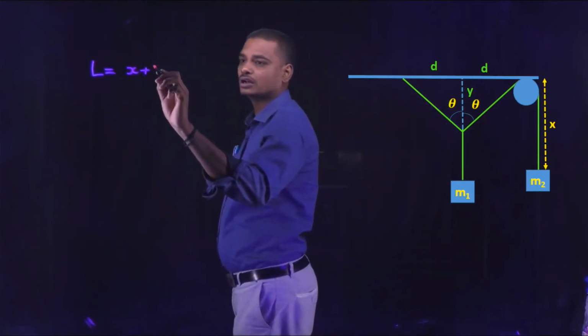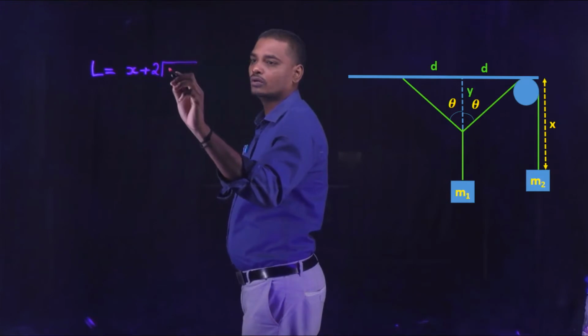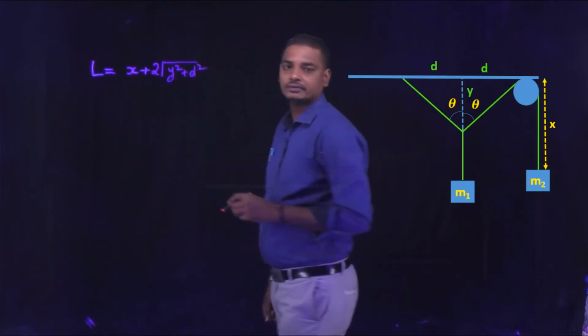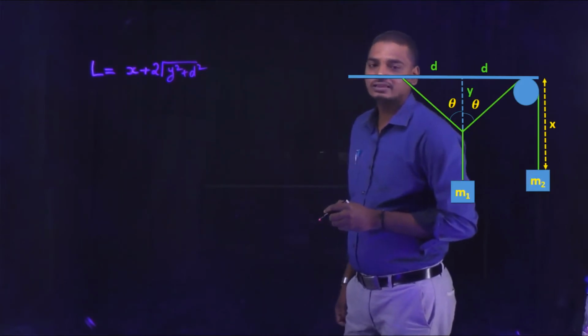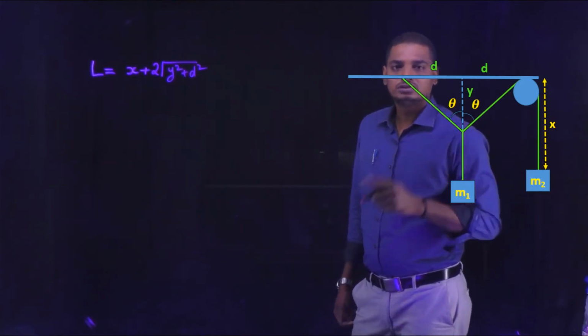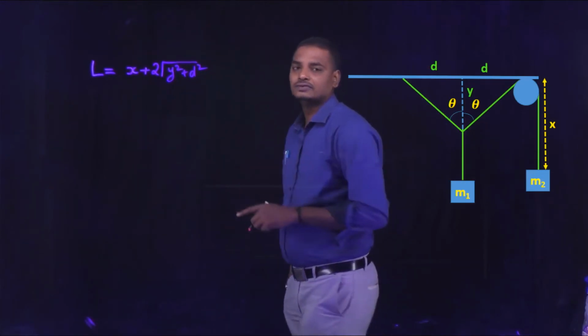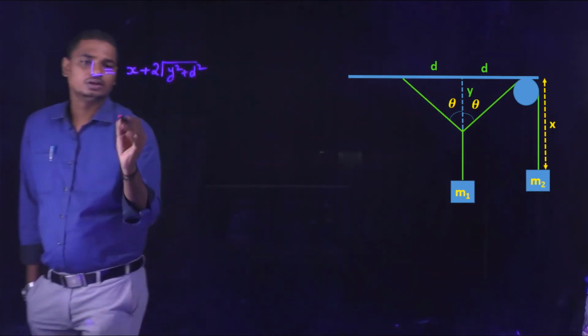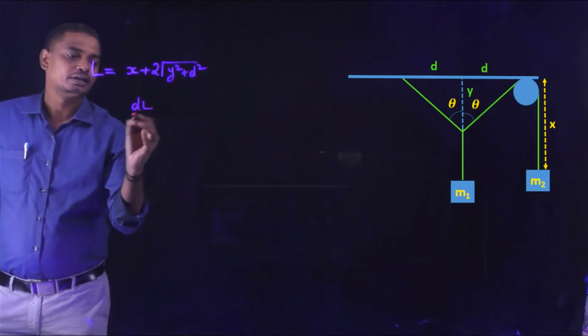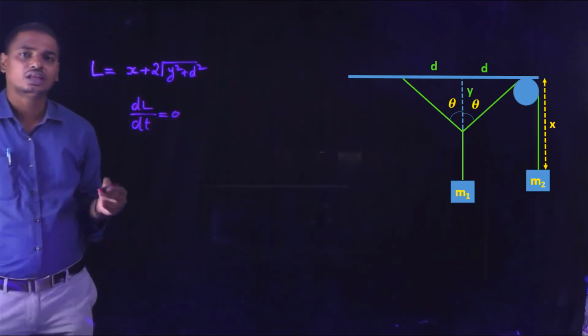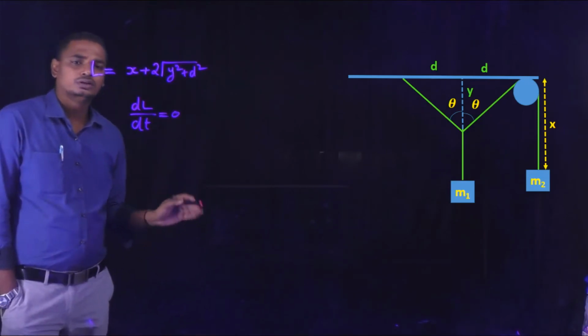As there are 2 of them, 2 into root over y square plus d square is the length of the string. For any time, the length of the string should remain constant. So dl by dt should be equal to 0. Change in length with respect to time should be equal to 0.